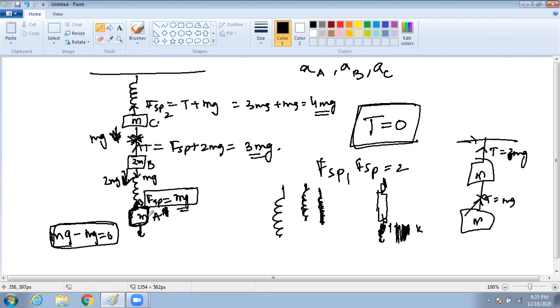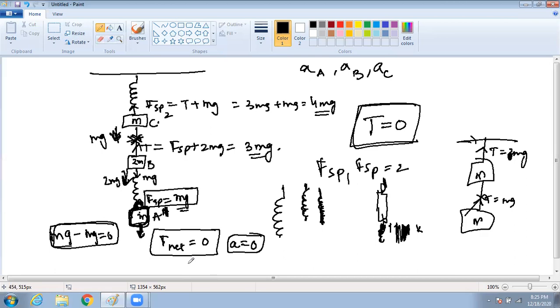That means at that particular moment, the F_sp is still there and mg is downward, so it will not feel anything. It will just be normal. There is an upward force, there is a downward force, same amount. So what is the net force? 0. When the net force is 0, what is the acceleration? 0. Clear?